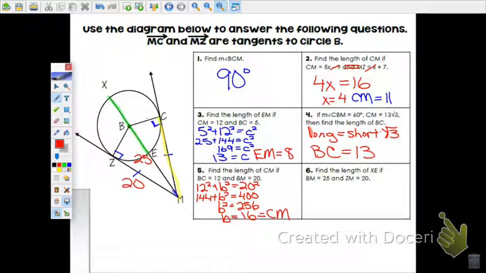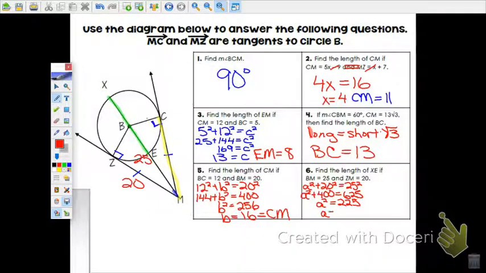So I'm going to say a squared plus 20 squared equals 25 squared. So I have 400 and what's 25 squared? 625. So I subtract 400, a squared is 225. 15.